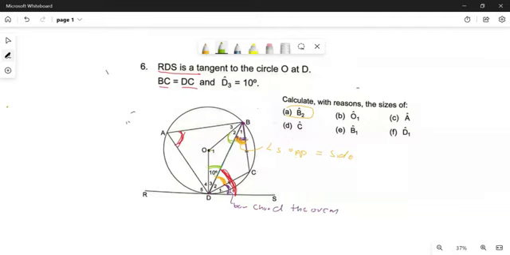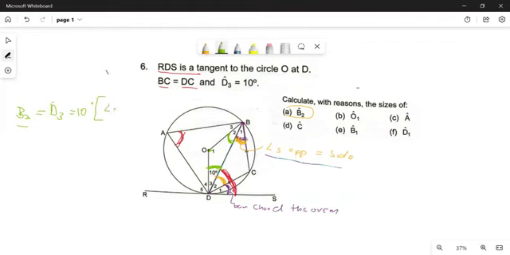Why are these two angles going to be equal? Let's say we have B2, which is going to be equal to D3. This is equal to D3, is equal to 10. Why am I saying that, by the way? Because they are angles opposite the radius.